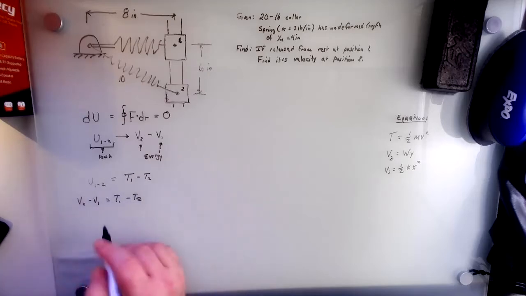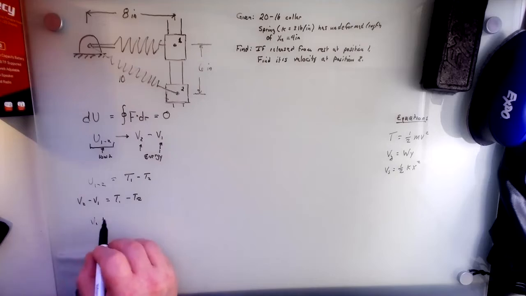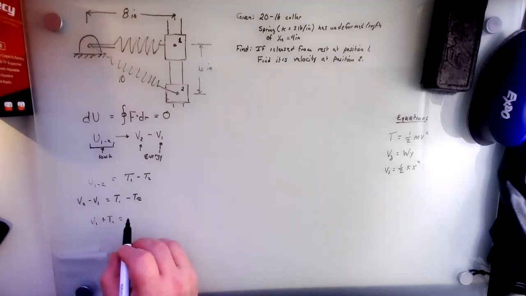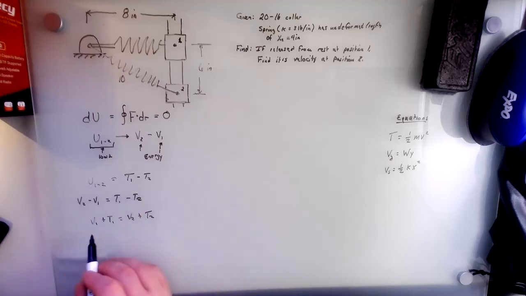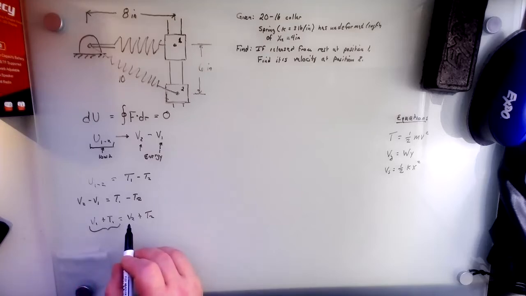And this gives us the relationship V1 plus T1 equals V2 plus T2. And this is the conservation of energy. What this means is that all of the energy at this position equals all of the energy at this position.